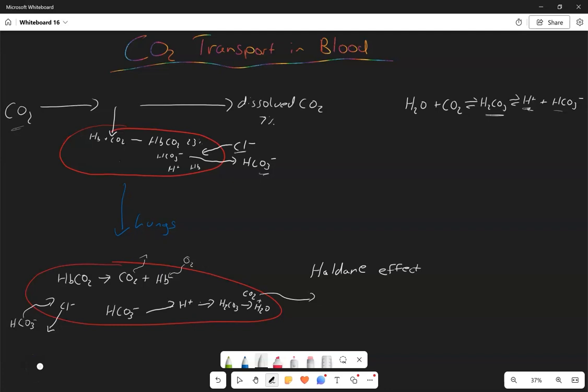One important thing to note, right, is that hemoglobin helps to bind these free protons. So the hemoglobin itself acts as a buffer inside of the red blood cells.